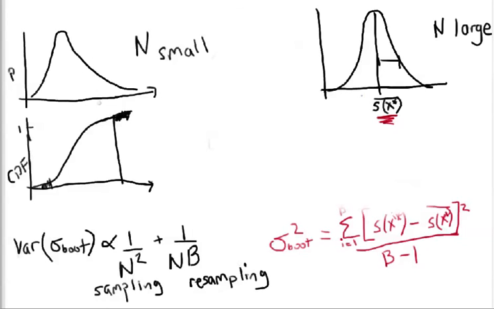And typically what is done is B is something like 1,000 or 10,000 in order to reduce this second term in the variance. But really, B should be just the largest possible value it can be, given time constraints and computing power for any individual case.